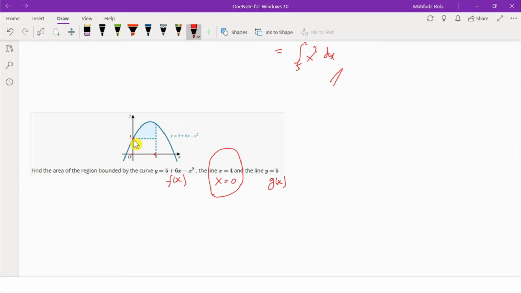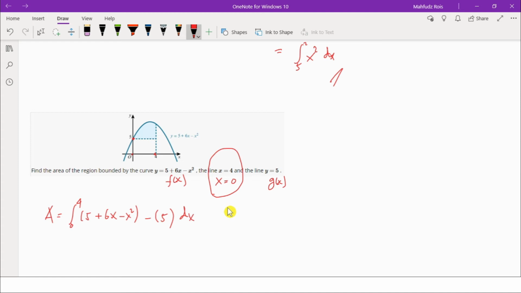And how to solve it? First, by using the formula. Since the limits are the same, from 0 to 4, the upper one will be the curve. So 5 plus 6x minus x squared minus g(x), which is 5. The lower is y equals 5, which is this here, dx.